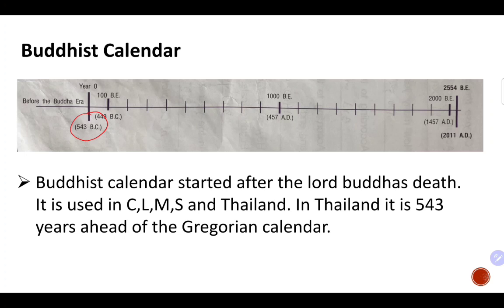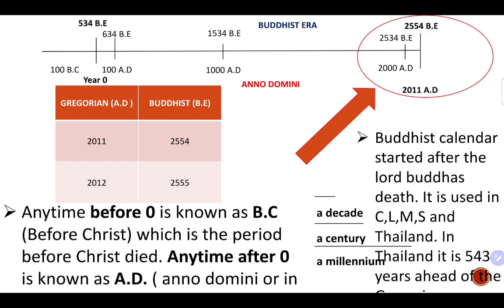As you can see here, we have the year 2011 AD, which is the Gregorian calendar, right? In the year 2011 in the Buddhist calendar, we have 2554 BE, or Buddhist era. If we continue to 2012, what year will it be in the Buddhist calendar?